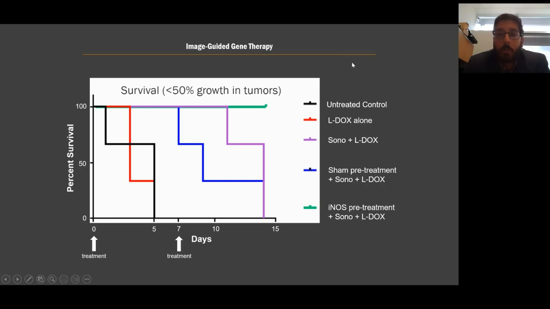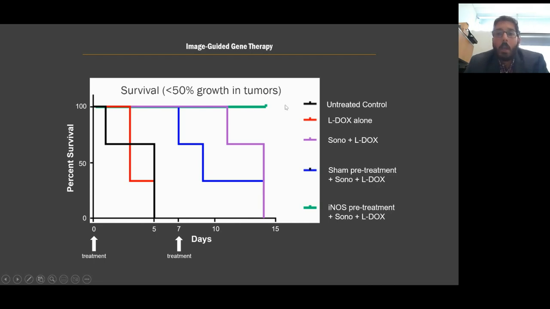And importantly, we're also looking at survival, which is less than 50% growth of the tumors. We apply this treatment at day 0 and day 7. At time 0, we were monitoring the tumor size. Once the tumor size reaches 50%, we consider that non-survival.